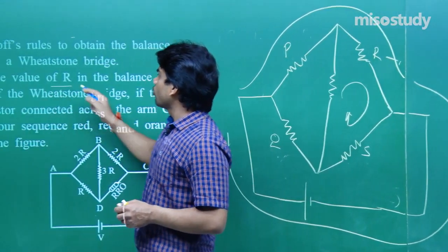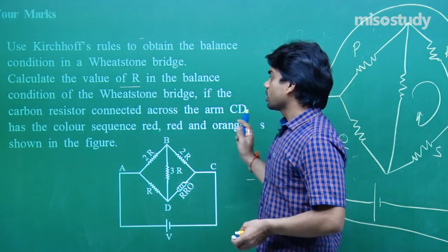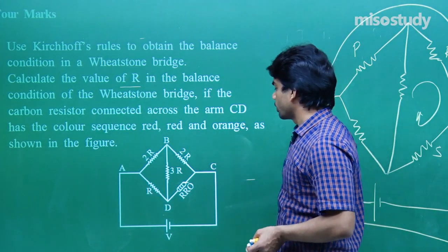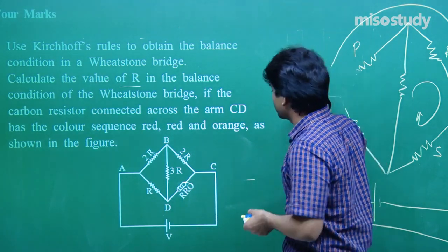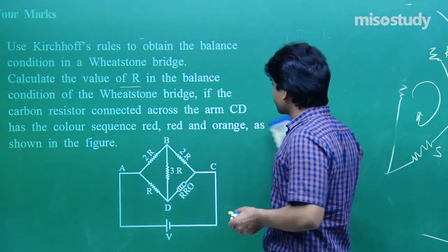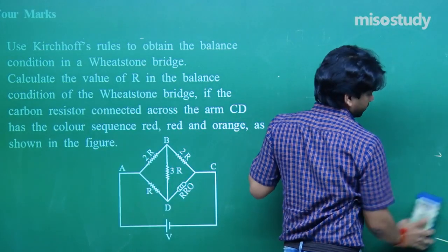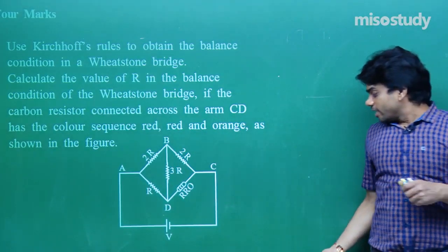Now calculate the value of R in the balance condition of the Wheatstone bridge, if the carbon resistor connected across the arm CD has the color sequence red, red and orange, as shown in the figure. This is the sequence of the colors on this resistance in this diagram. Let's check how to solve this.